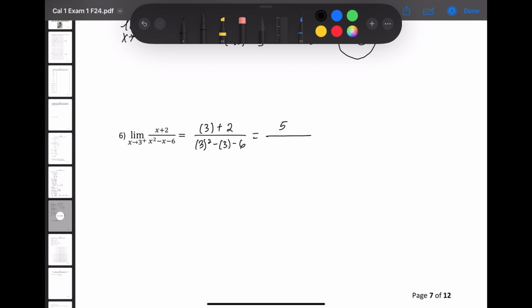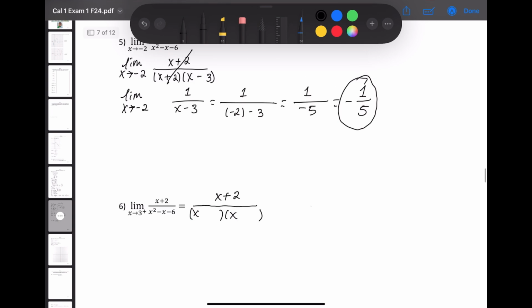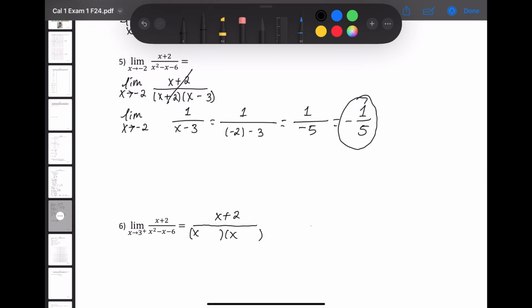Actually, we could do it this way as well, but let's just factor it out. I see it like that better. So then it's kind of like the other one. When you have the same factors and everything, you could just do it the same.